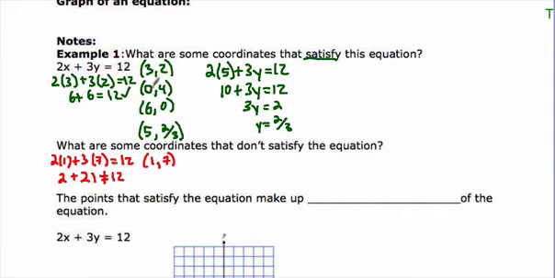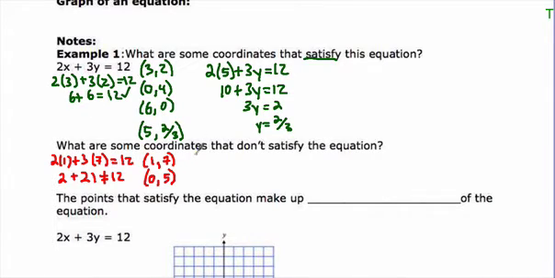Another thing I could do is say, okay, well, when x is 0, y is 4, that works. Then when x is 0, how about if I make y something else? I can make it 5. Since it worked with 4, it's not going to work with 5, because when I plug 5 in here, it wouldn't work.